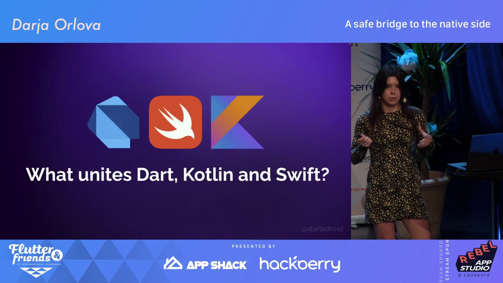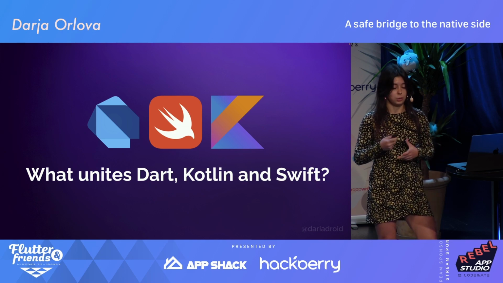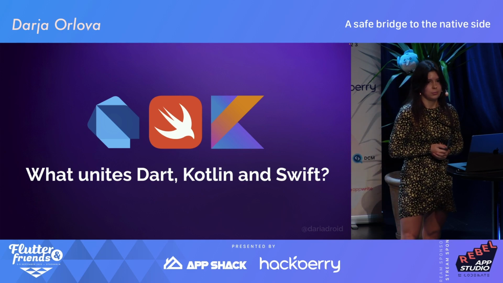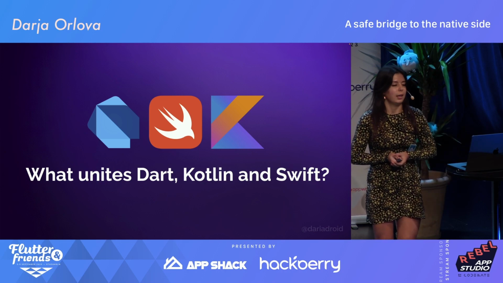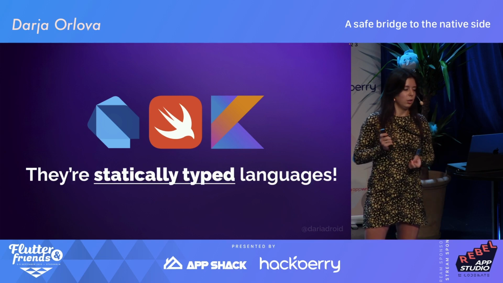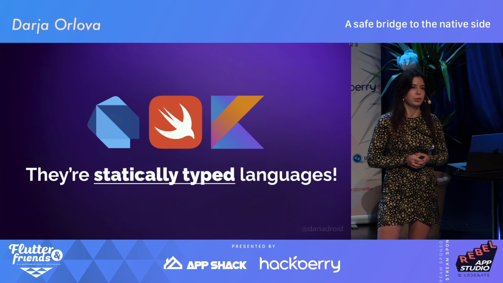But when you come to think about it, we were working with languages such as Dart, Swift, and Kotlin, and there are many things that unite them. Flutter, for example. But what is more important is that all of those are statically typed languages, which means that we know the types of the variables.